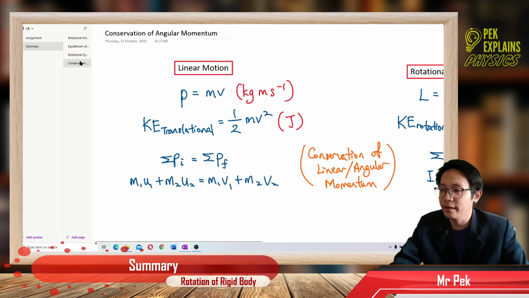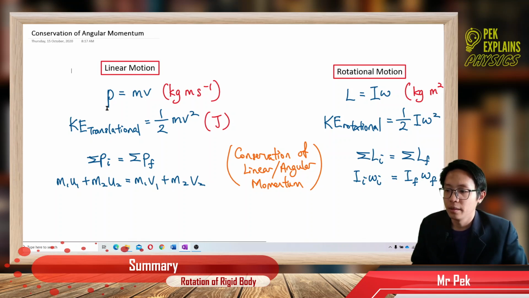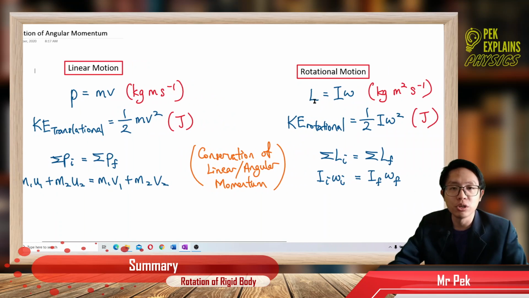Now lastly is about conservation of angular momentum. In linear motion, we learn about momentum. The momentum symbol is p, which is mass times velocity. In rotational motion, we have angular momentum, symbol L. Mass becomes moment of inertia and velocity becomes angular velocity, so angular momentum is I omega.